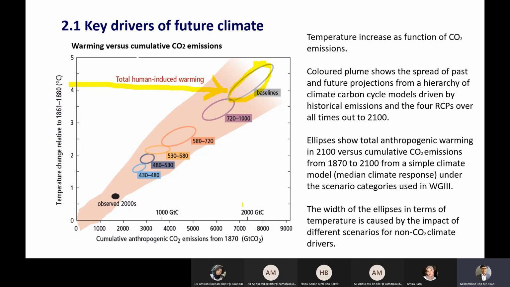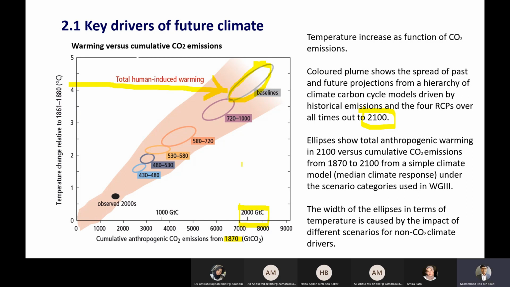And then the total accumulation of CO2, this one is accumulation from 1870, around the Industrial Revolution, to 2100. We'll have a total accumulation of 2,000 gigatons.